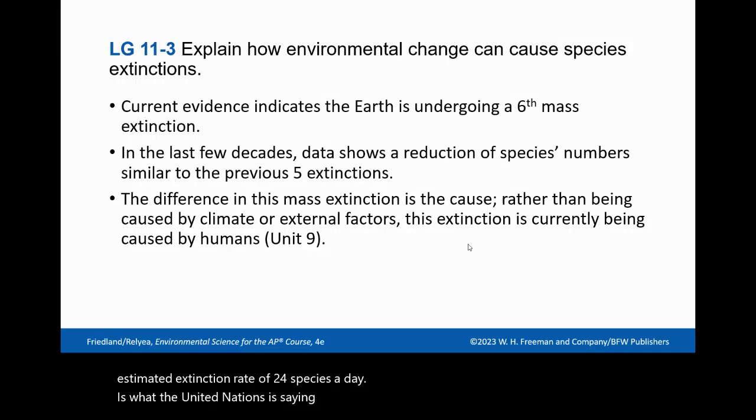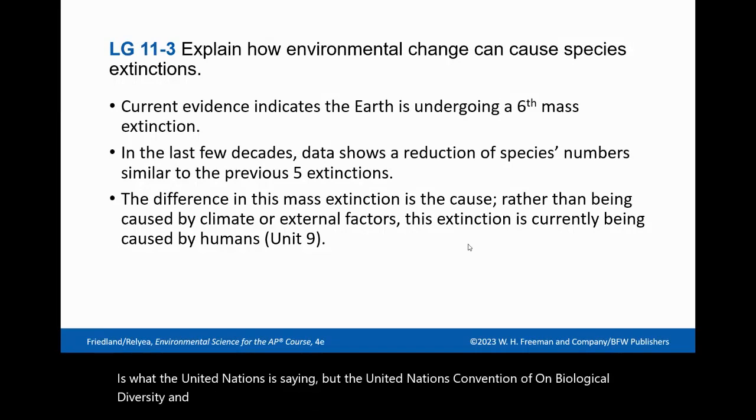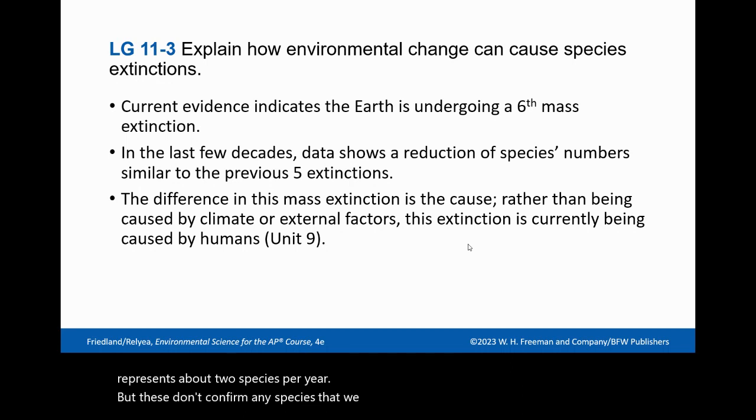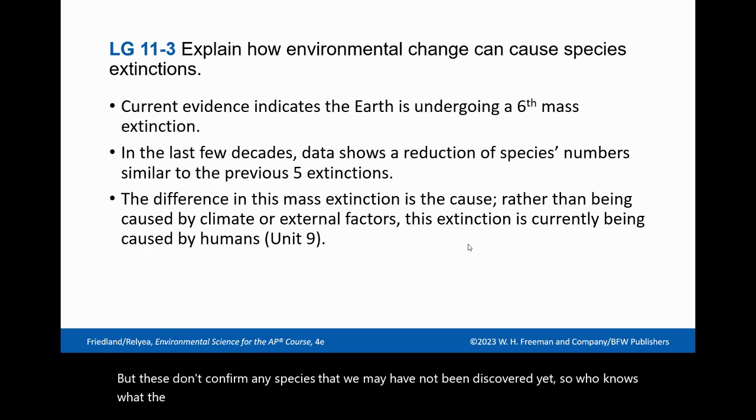But the United Nations Convention on Biological Diversity estimates the extinction rate at 150 species per day. We know for sure that there have been at least 800 confirmed extinctions during the past 400 years, which represents about 2 species per year. But these don't include any species that may not have been discovered yet. So who knows what the true extinction rate has been.